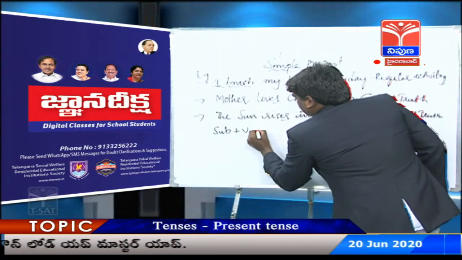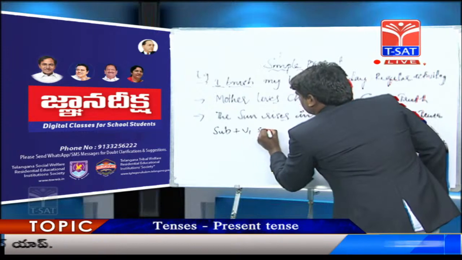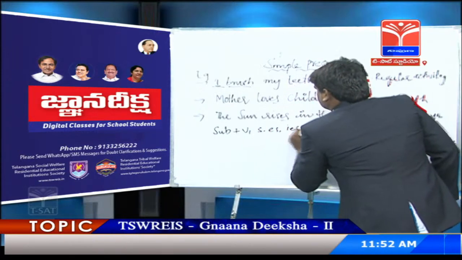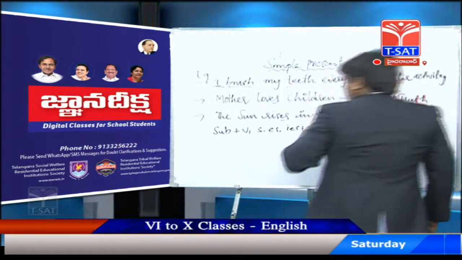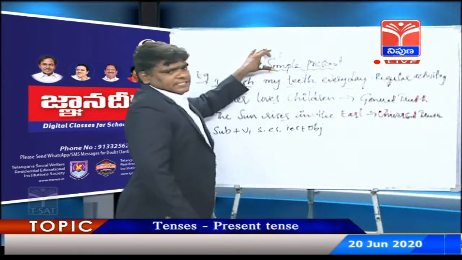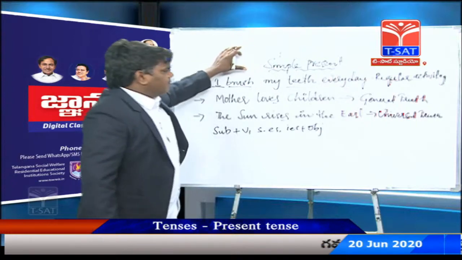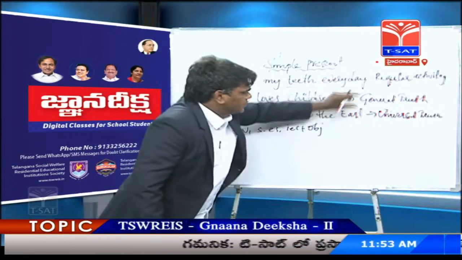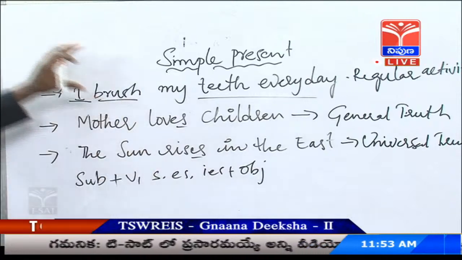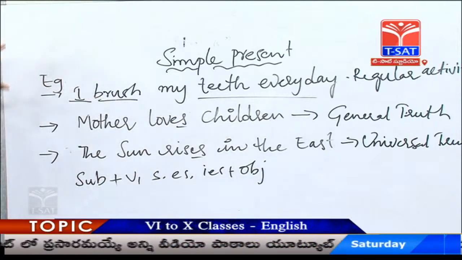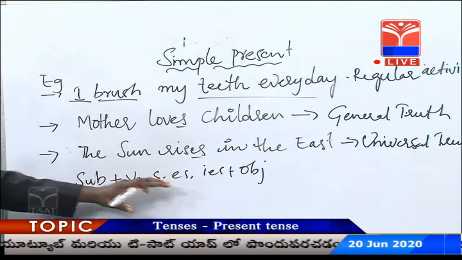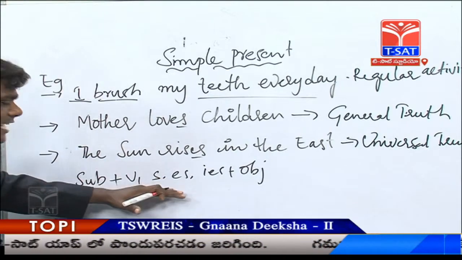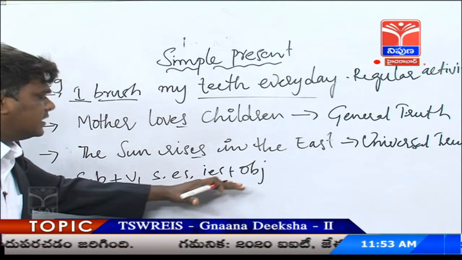We have to add s or es, ies for the verb, plus the object. So the structure is: subject, verb, and we need to add for third person singulars s or es or ies, plus object.